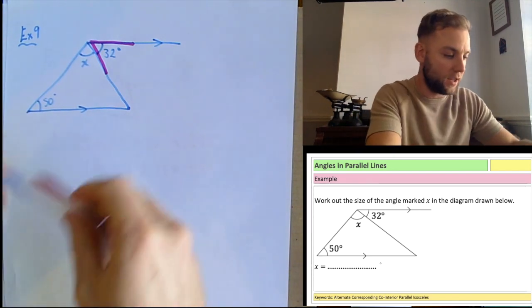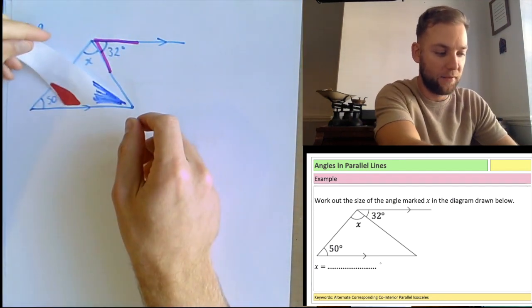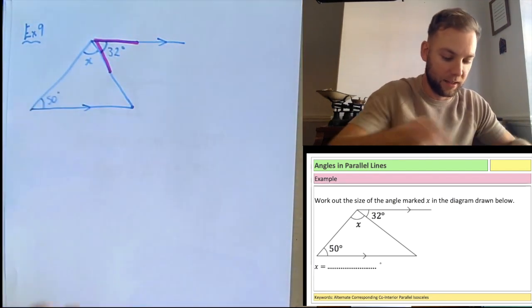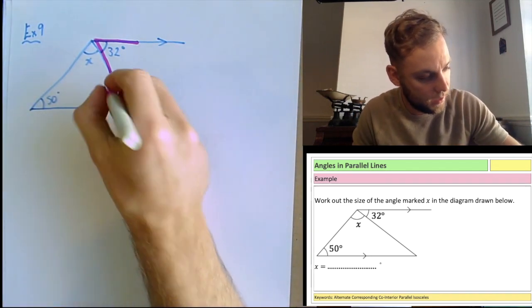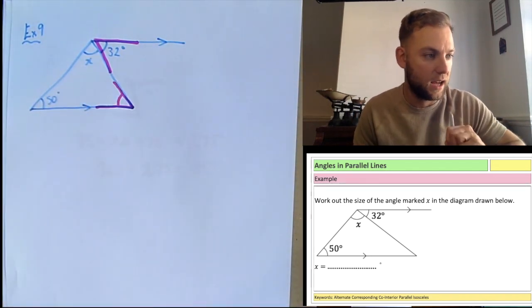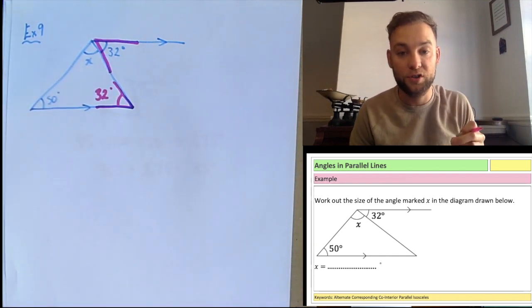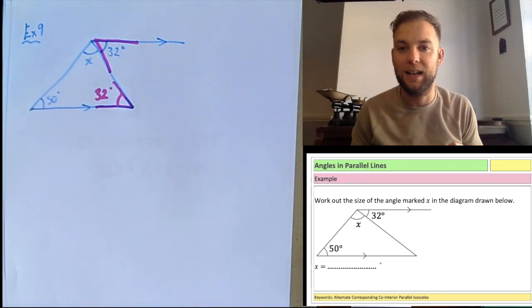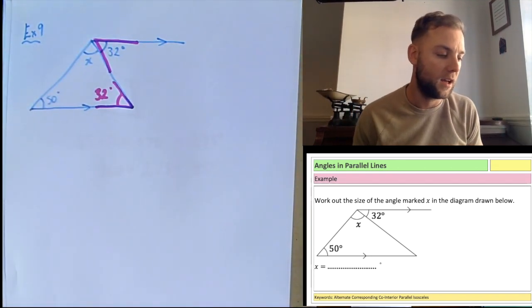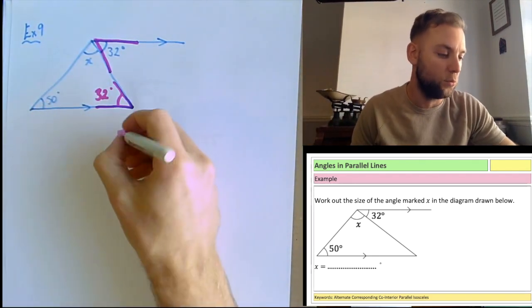Well, if I've got this one here like so, I can slide down, flip around and turn around, being there like that. This here is an alternate angle. So this angle here is equal to 32, again because it's an alternate angle. And then we go right back to the first thing we did in the angle facts: angles in a triangle sum to 180.